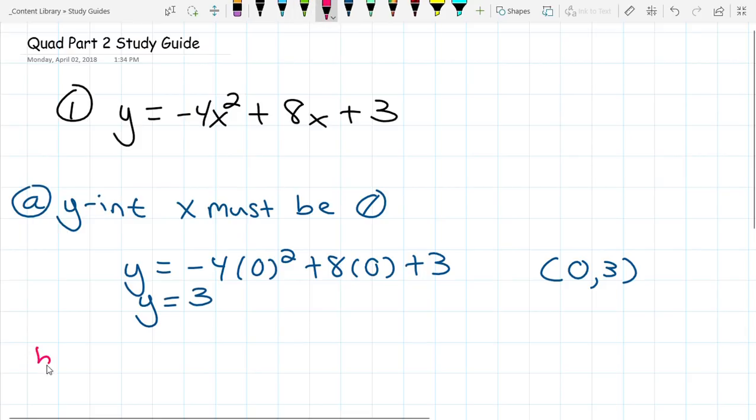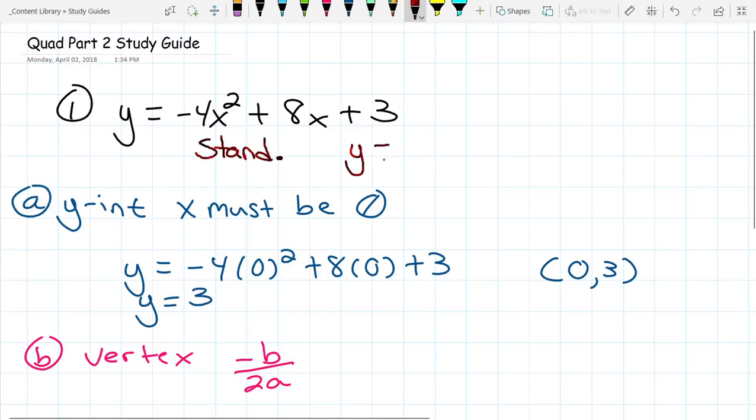Part B wants to find out what the vertex is. For the vertex, we have a formula, and we have to have it memorized by test day. The vertex formula is negative b over 2a. The a, the b, and the c all come from this equation when we are in standard form.